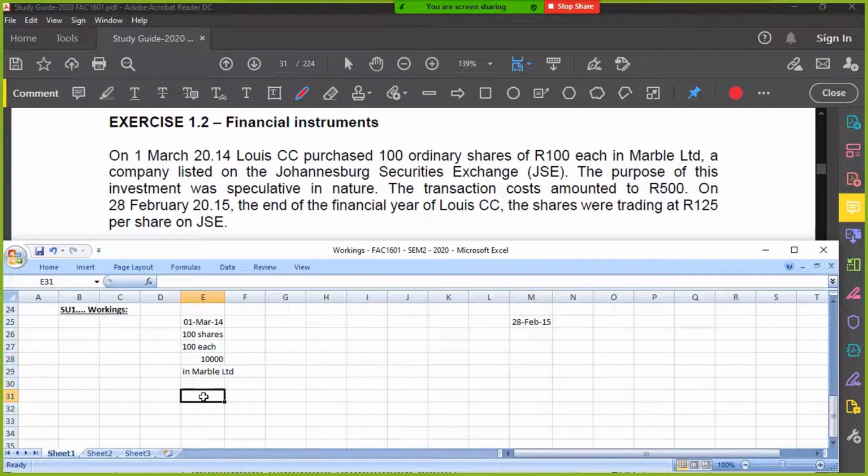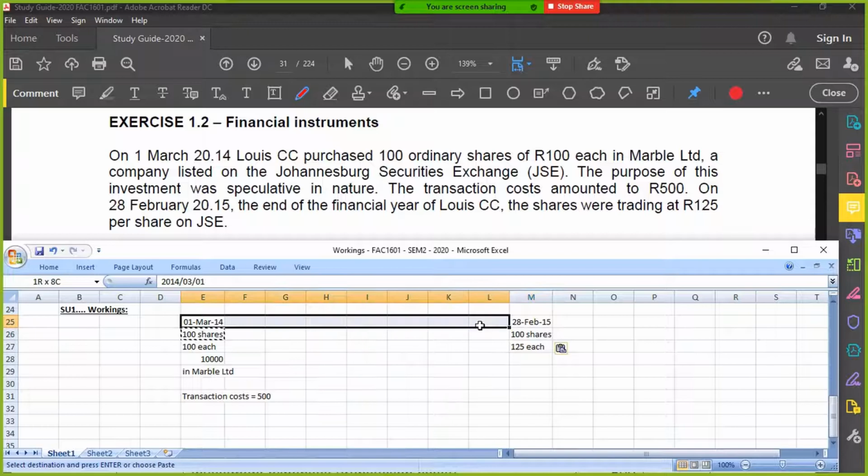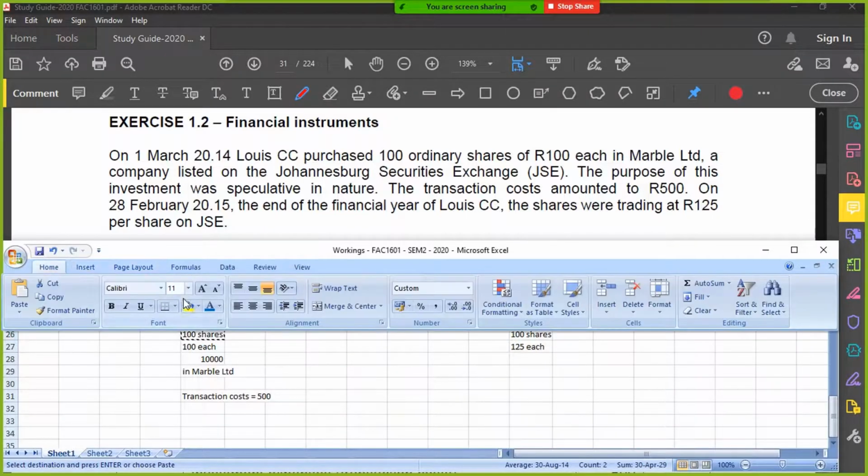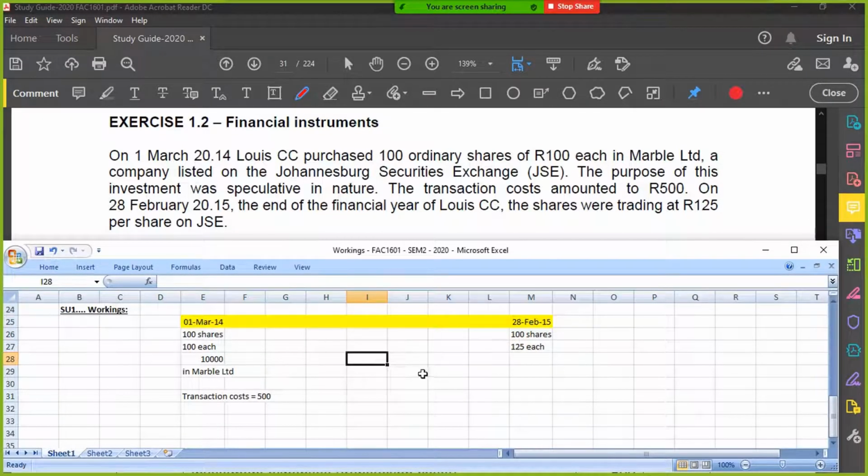Okay, when you acquire those shares. Okay, when you buy those shares. Right, then they tell you at the end of the year, the shares are at 125 Rand each. Okay, so have a look. That's the start, that's the end.